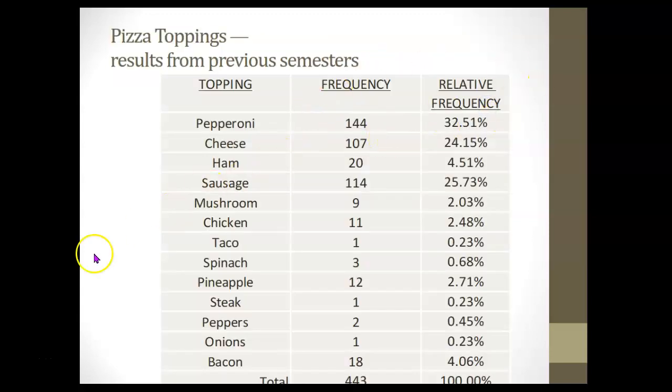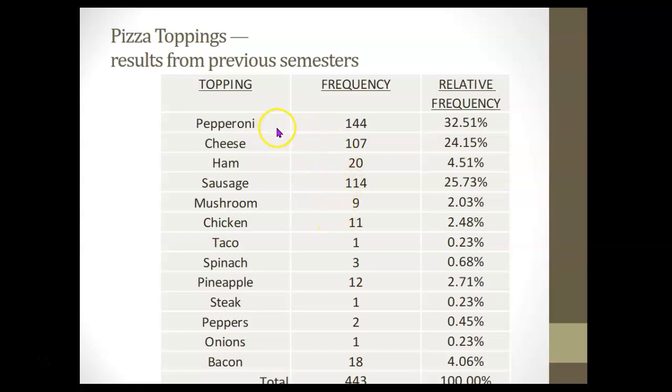Well, before we do that, I've been asking these questions for several semesters now. One of the questions I always ask is, what's your favorite pizza topping? And if I just take one topping from each person, limiting each person to one particular thing, here are the results that I've collected over the past several semesters.